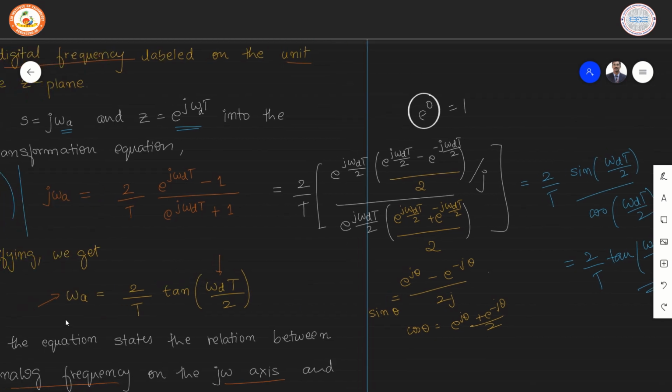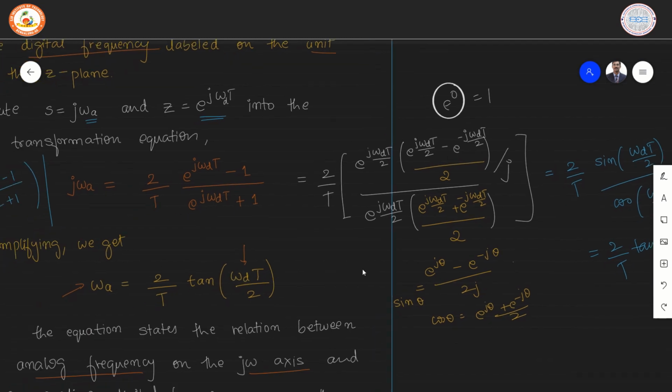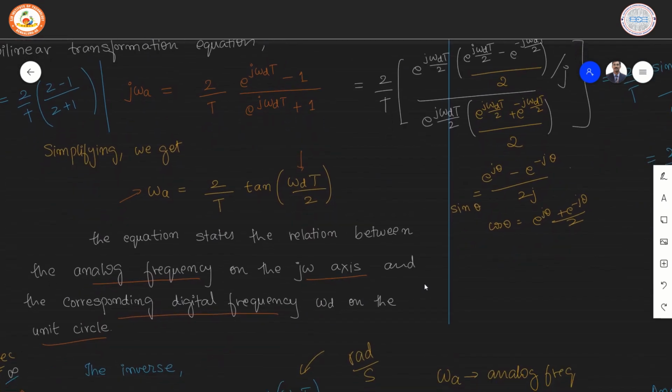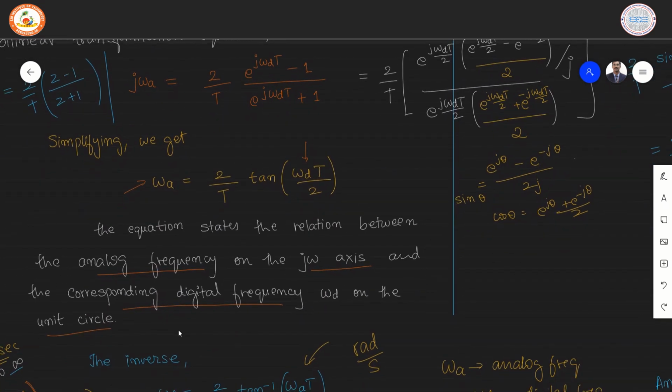Now this equation provides a relation between the analog frequency and the digital frequency. The equation above states the relation between the analog frequency on the j omega axis and the corresponding digital frequency omega D, which lies on the unit circle.